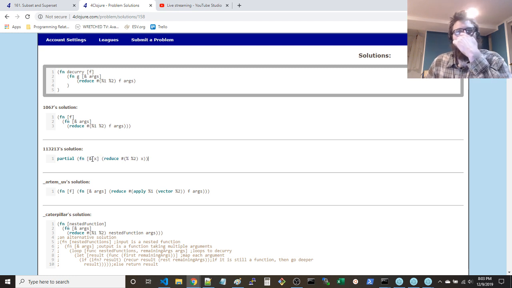What's happening here? It's this function, and then we're reducing over x with something, which I guess defaults to the first value. Oh, that's interesting. This will take the first element and reduce on that. So the first element is the function, and if you use partial, oh, that's very interesting.